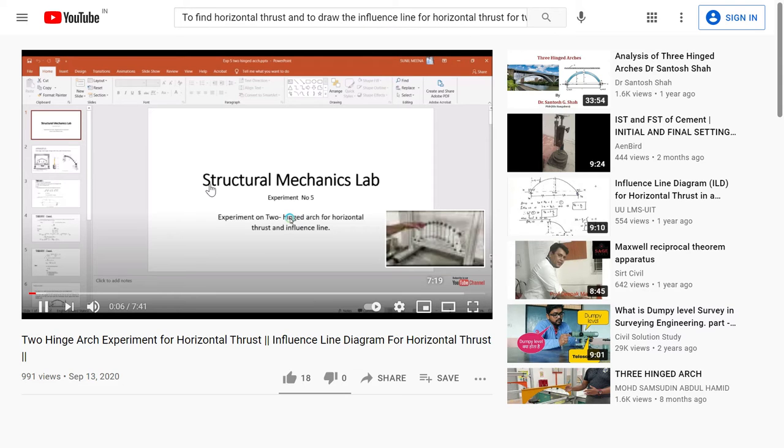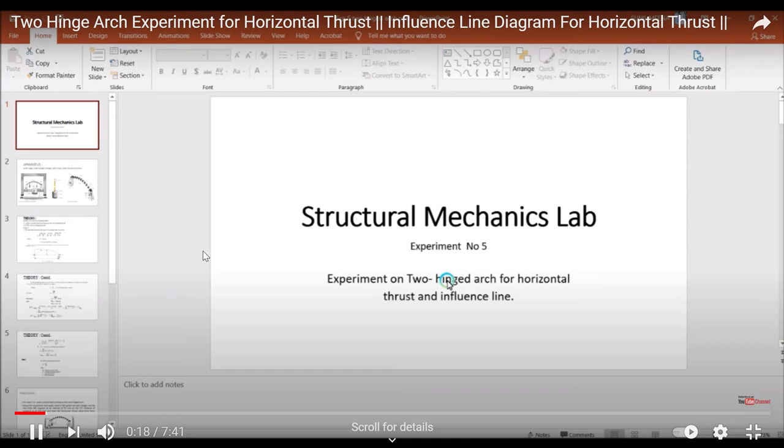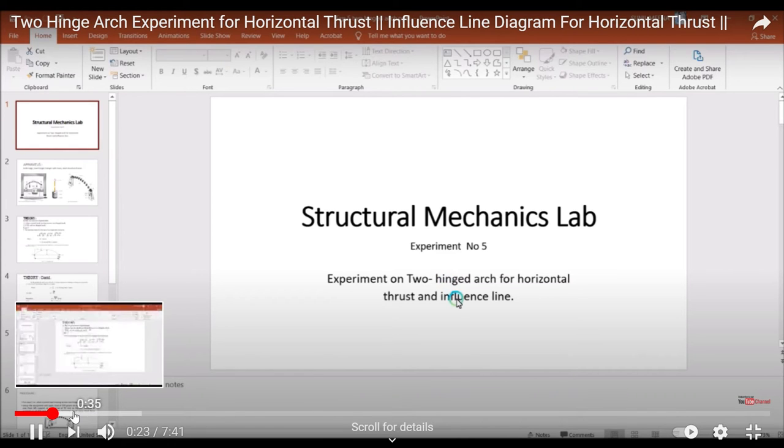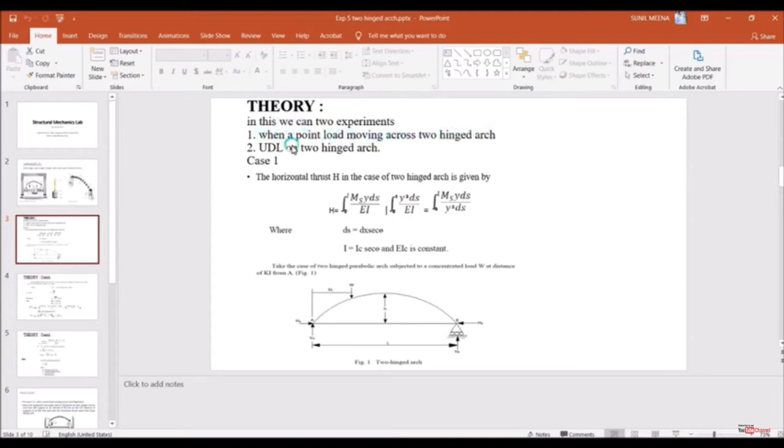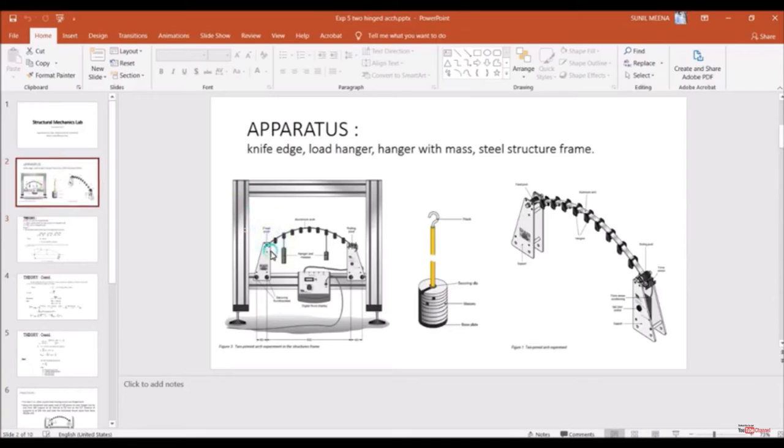For this experiment, we will determine the horizontal thrust for a 2 hinge arch, and then by using this horizontal thrust, find what the value of horizontal thrust will be when a point load is moving from one end to another end.